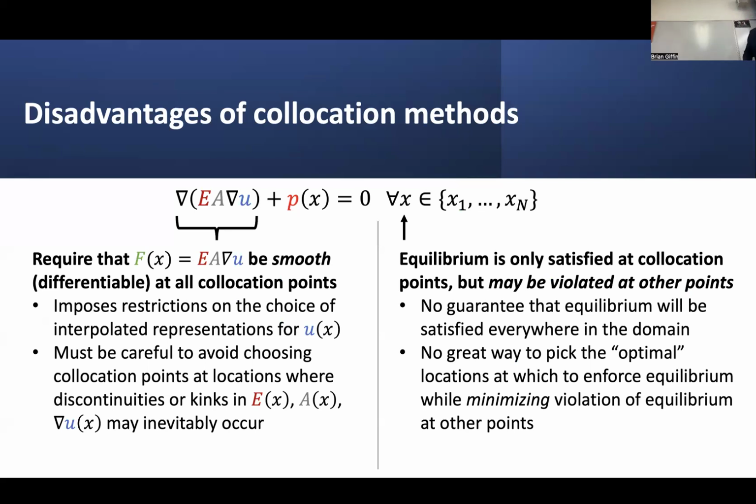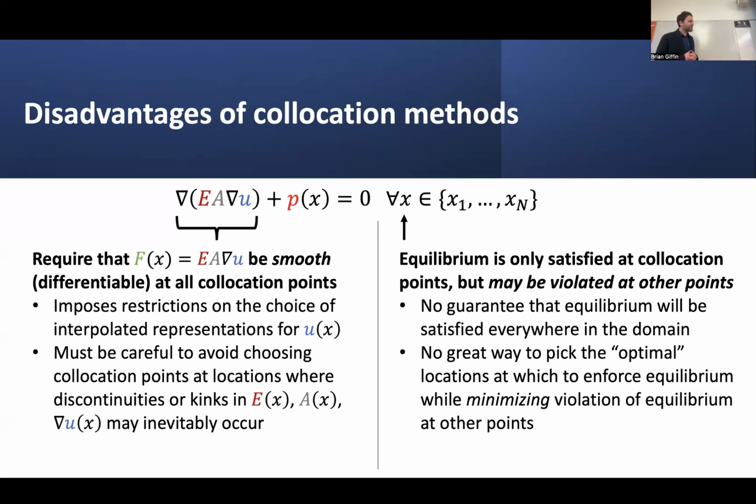With a slight abuse of notation, just replace the nabla operator, this upside down triangle, with a derivative with respect to x. So really, the nabla operator is nothing more than the derivative with respect to x of this interior quantity involving E, A, and the derivative of u with respect to x.